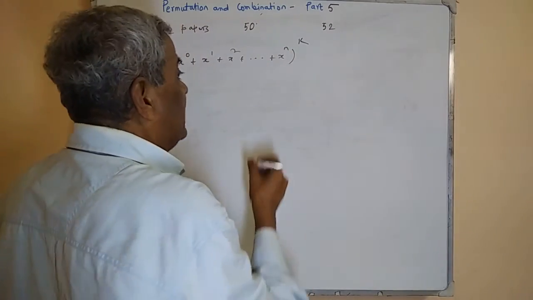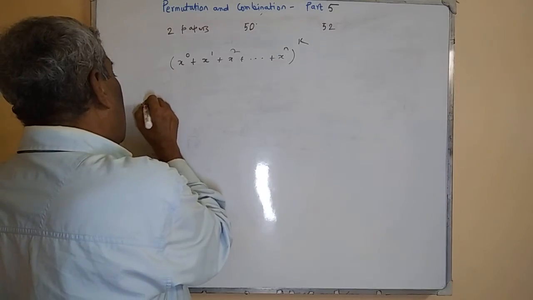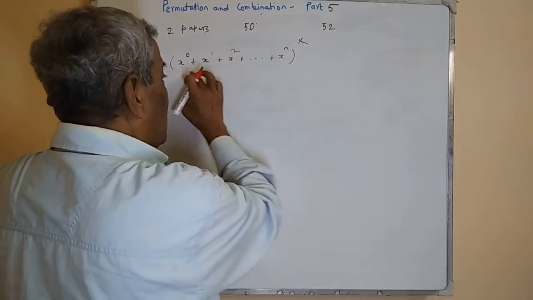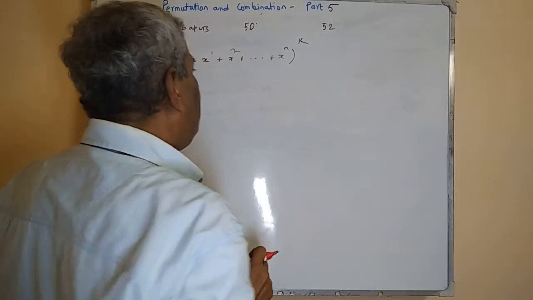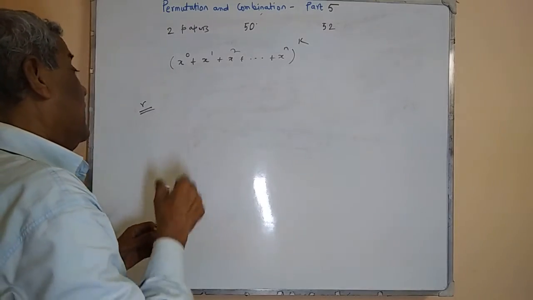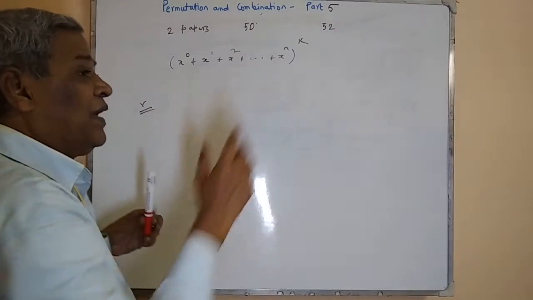So in how many ways can one candidate score r marks altogether? Find in that expansion the coefficient of x to the power r; that will be our answer.